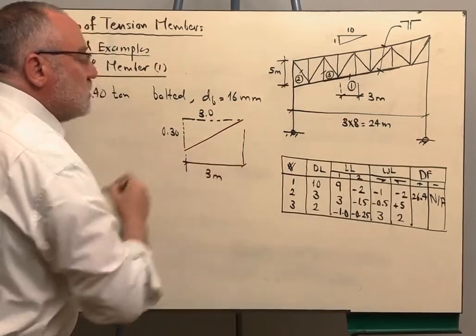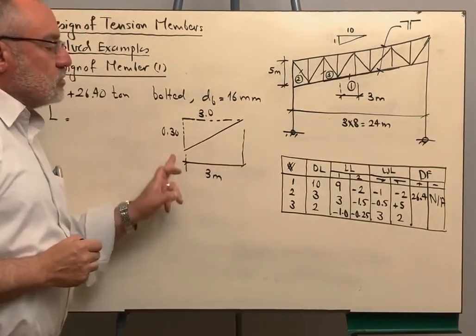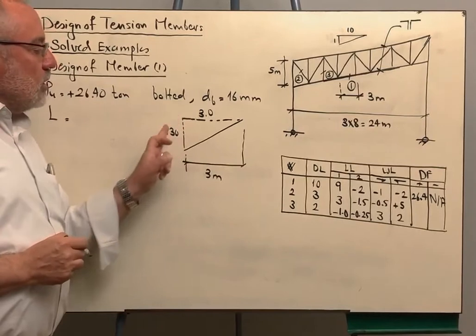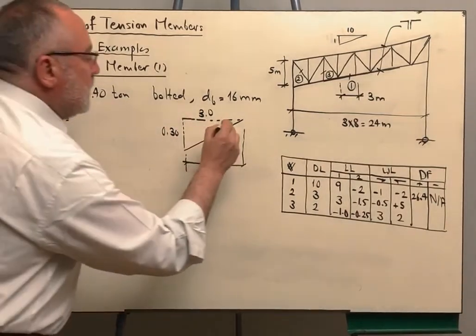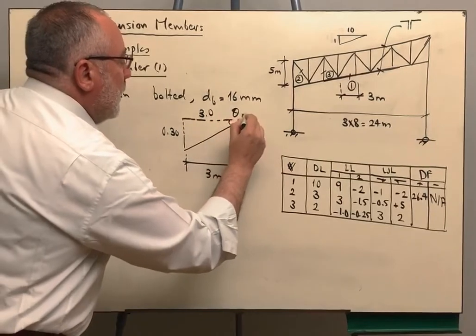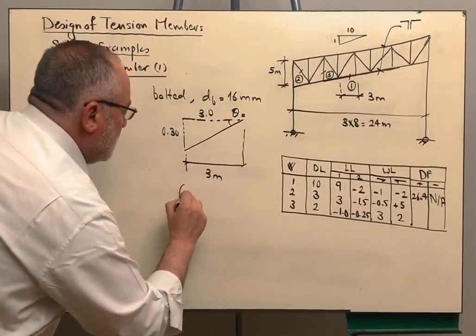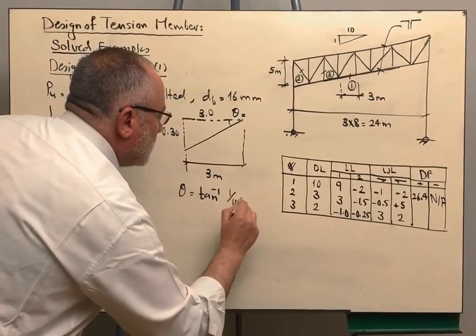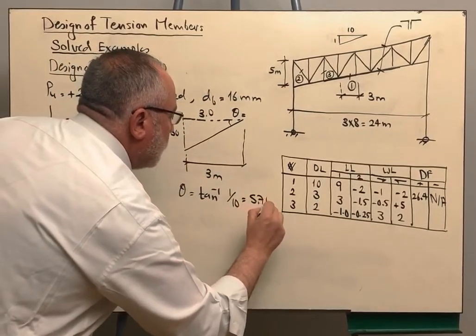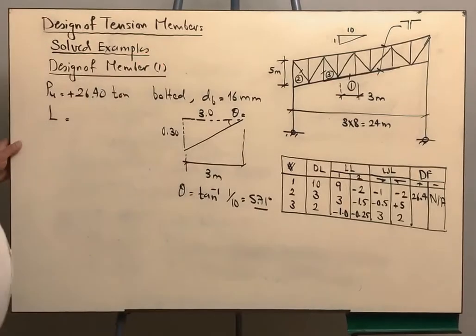So if you want to get this length, you can get root 3 squared plus 0.3 squared, or you can say that this angle is theta, and theta is tan inverse 1 over 10, which is 5.71 degrees. Okay?